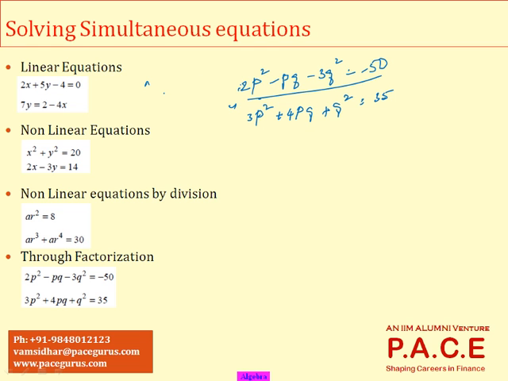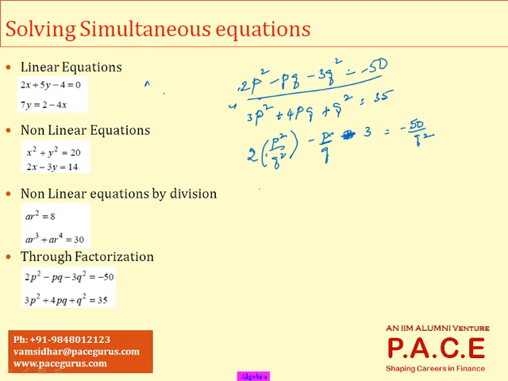So what you can do is divide both sides by q squared. What you are getting is 2 into p squared by q squared minus pq by q squared, which becomes p by q, minus 3 into q squared by q squared, equal to minus 50 by q squared.